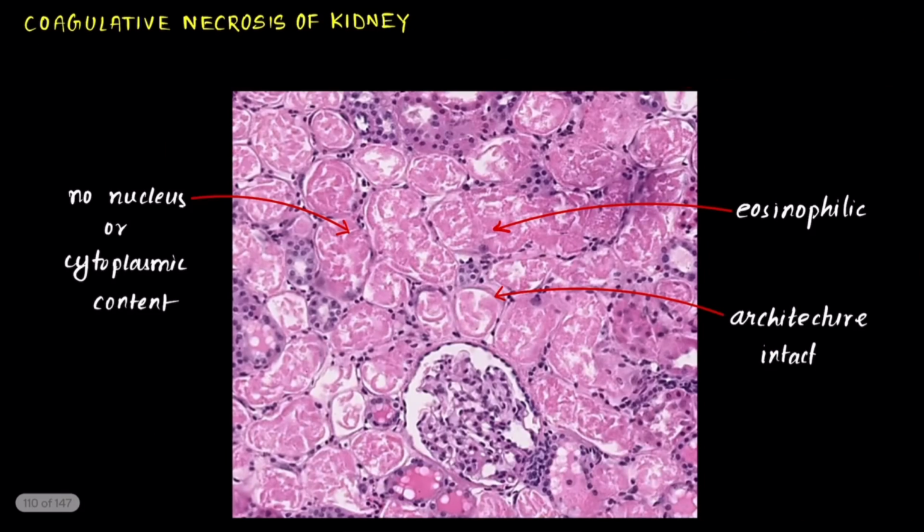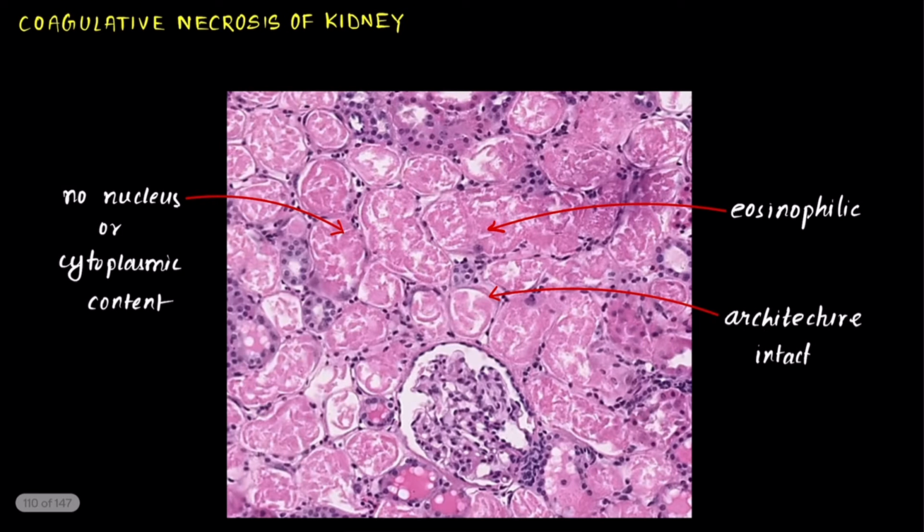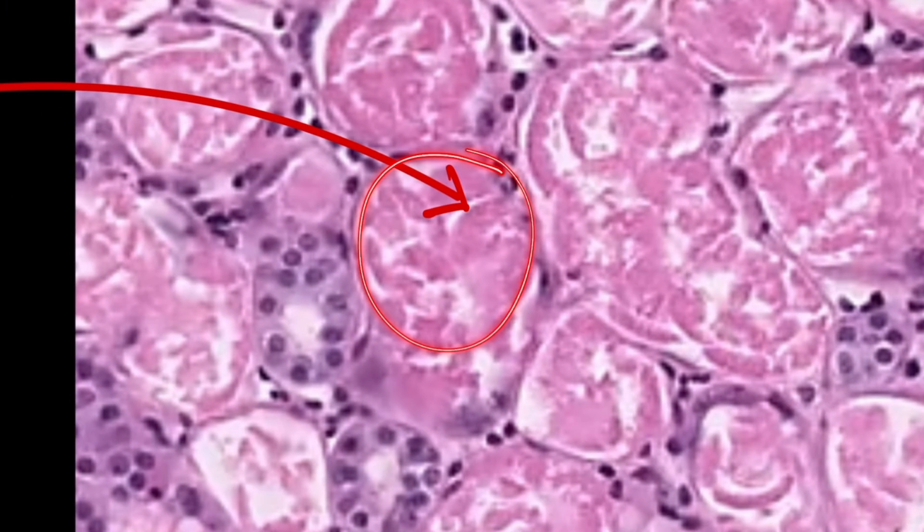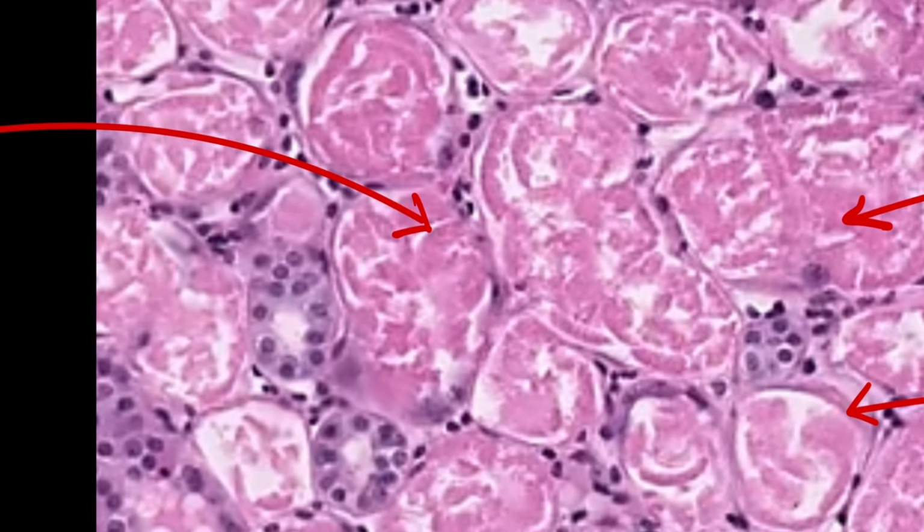Let's look at coagulative necrosis under a microscope. So here's coagulative necrosis of the kidney. You can see renal tubules right here. If you look carefully, within the renal tubules, the cytoplasmic content and the nucleus are no longer present. So here's your renal tubule, there's no nucleus or cytoplasmic content.